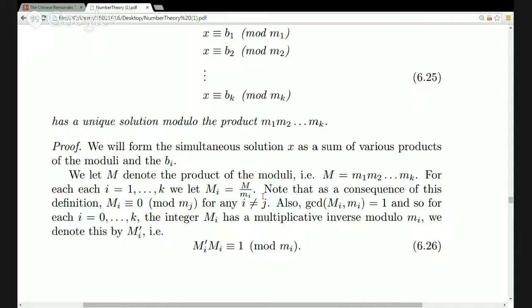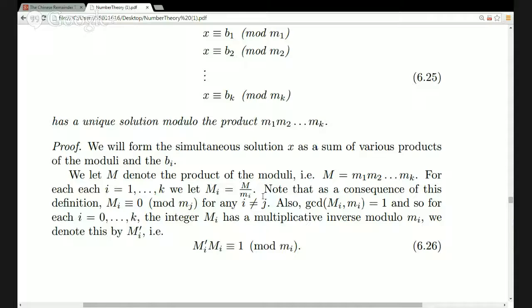Someone throws it up in the air, you shoot it down. What's the inverse of 21 modulo 5? 21 is 1 modulo 5. The inverse of 1 is 1. Good. So M2 prime is 1, even simpler.